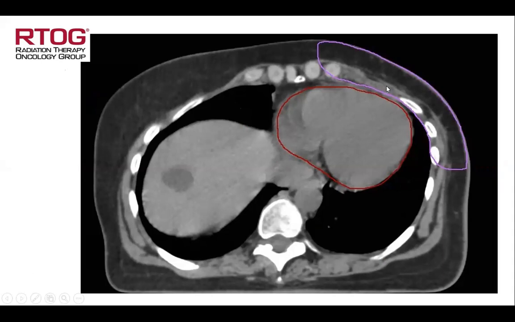But when we contour according to the ESTRO guidelines, the dose to the heart and the left anterior descending artery is drastically reduced. So it becomes most important when we contour left-sided breast cancer.